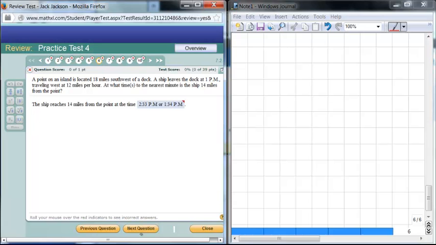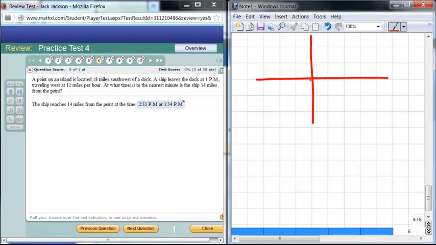Okay, a point on an island is located 18 miles southwest of a dock. Okay, so we got a dock. So the ship leaves the dock at 1 p.m. traveling 12 miles per hour, and he's going west. So this is north, south, east, west. The origin is the dock.